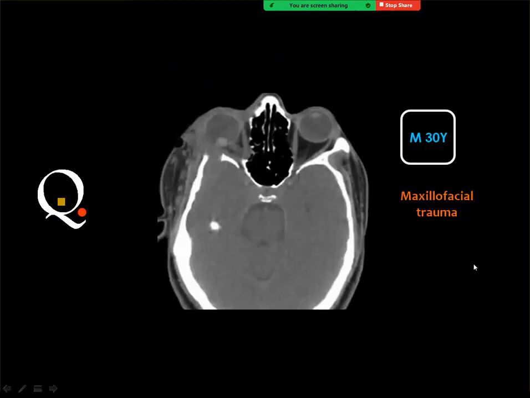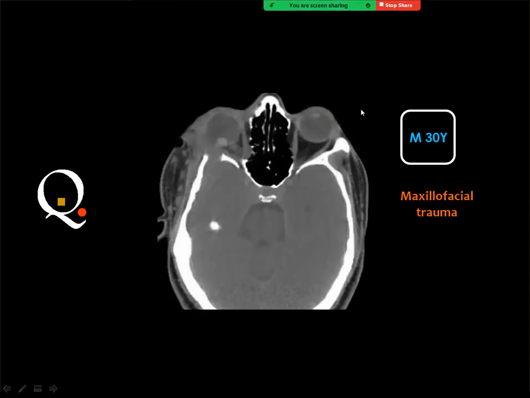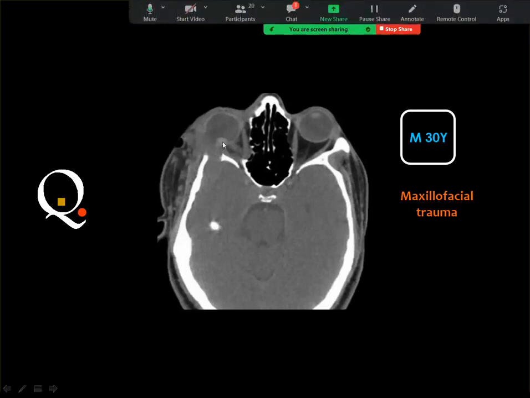This patient presented after maxillofacial trauma. Yes, and this is globe rupture. You see that the border of the globe is discontinuous in this area. You see that the lens has been dislocated and fallen down in the posterior chamber, and you see some fracture line in this area.